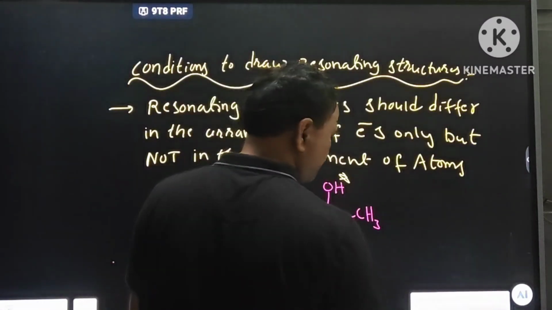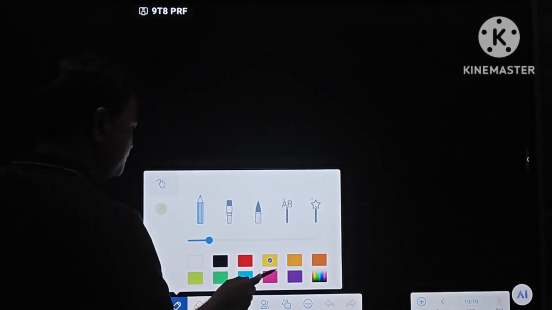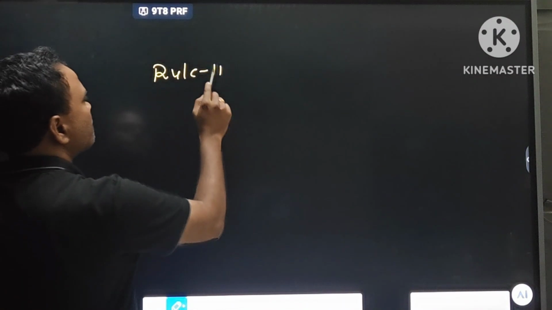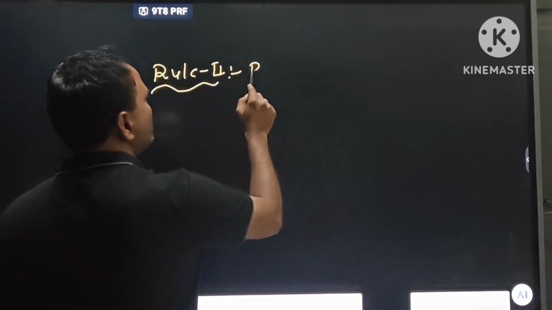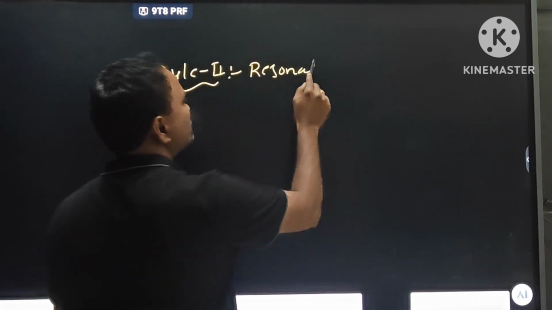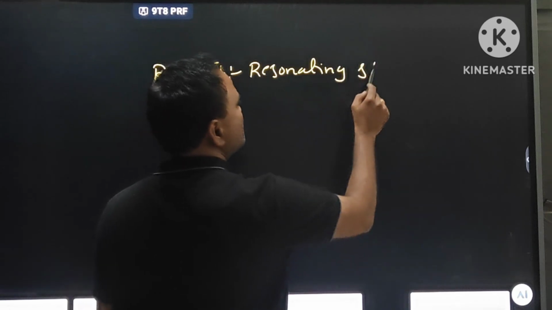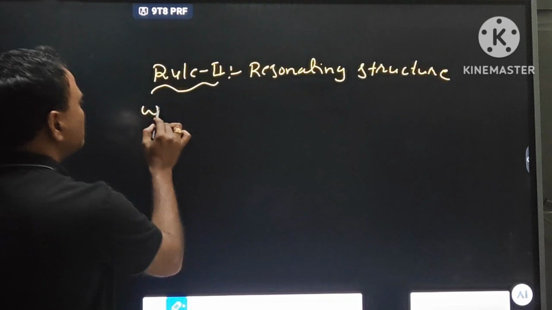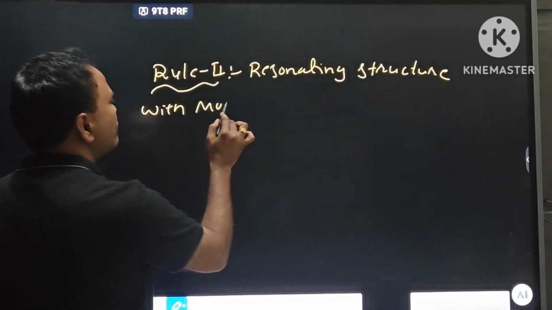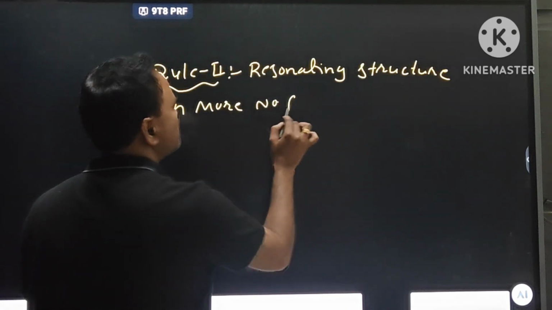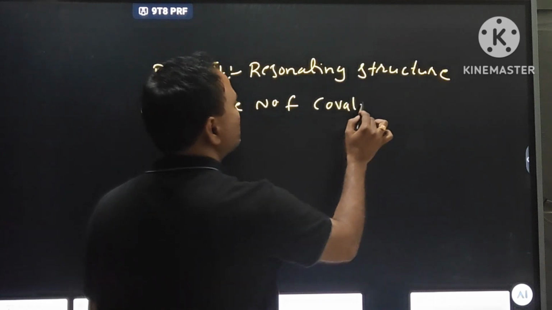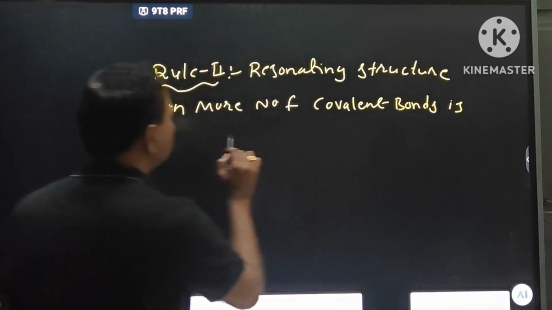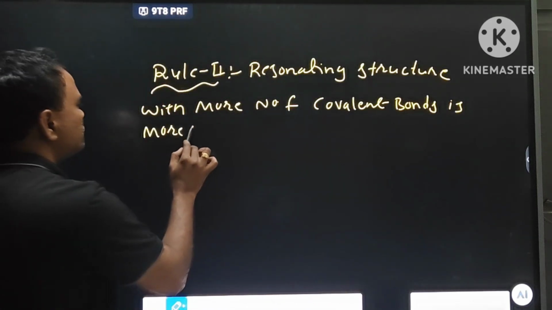Next. Rule 2 or condition 2. A resonating structure with more number of covalent bonds is more stable.